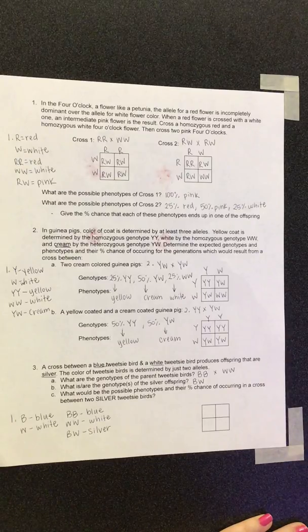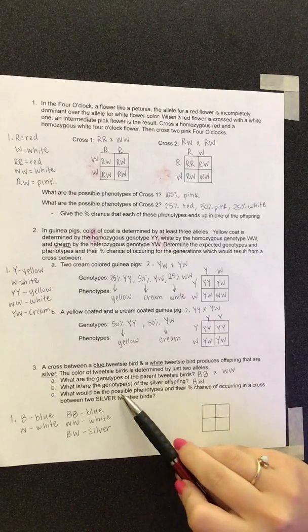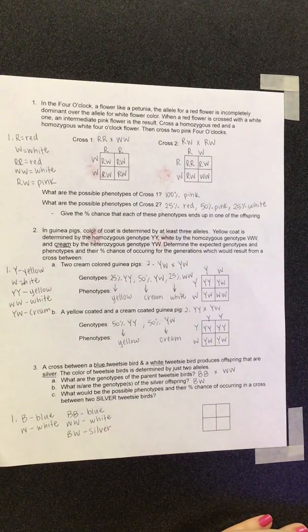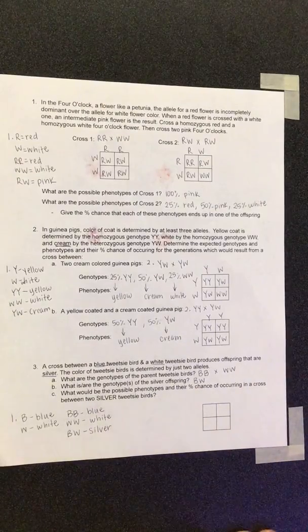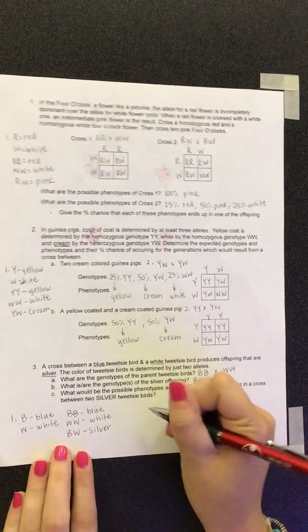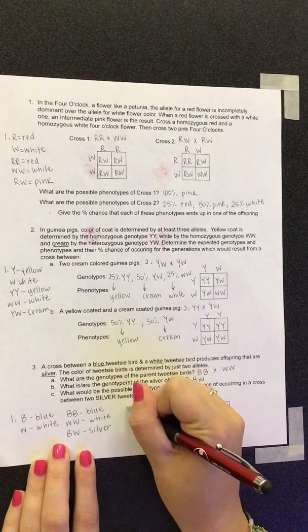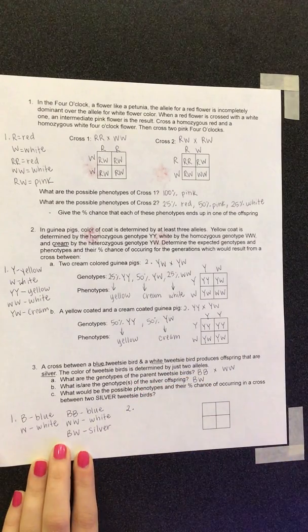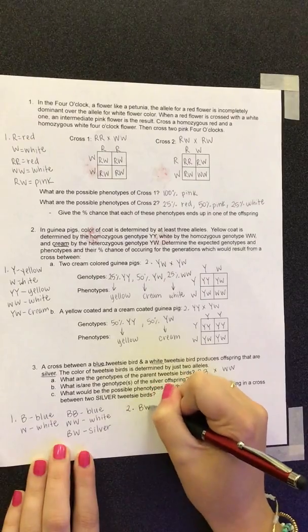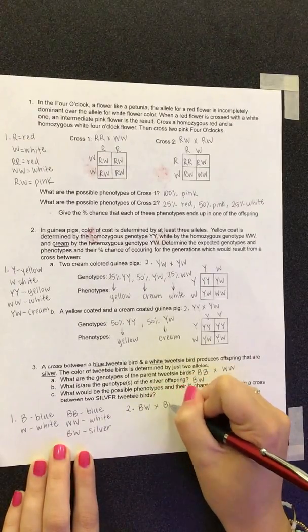And part C wants to know what would be the possible phenotypes and their percent chance of occurring in a cross between two silver Tweetsie birds. My step number 1 will still apply since I'm still dealing with blue, white, and silver. So my parent cross is going to be a BW crossed with a BW since they are both silver.